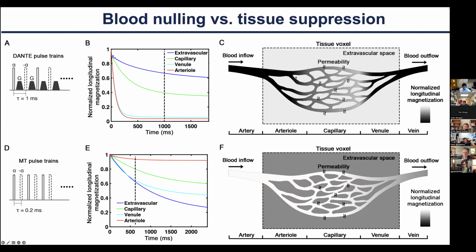You can understand, for example, if you compare those two: in the DANTE condition, blood is suppressed and tissue is relatively unaffected. But in the MT condition, blood is unaffected but tissue is suppressed. So this CBV contrast is opposite.